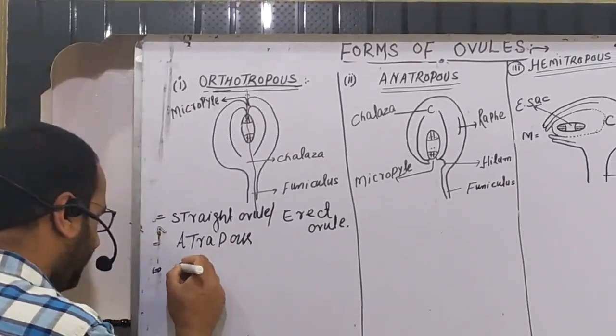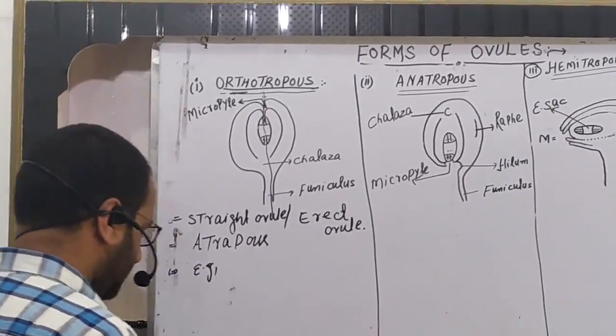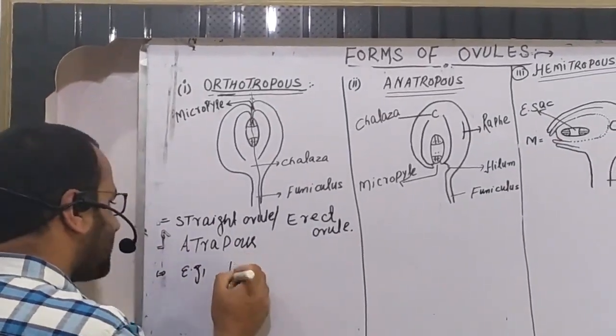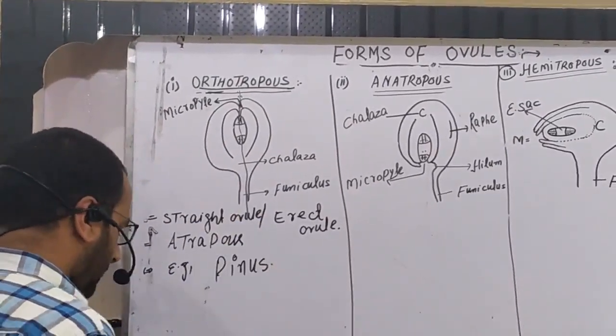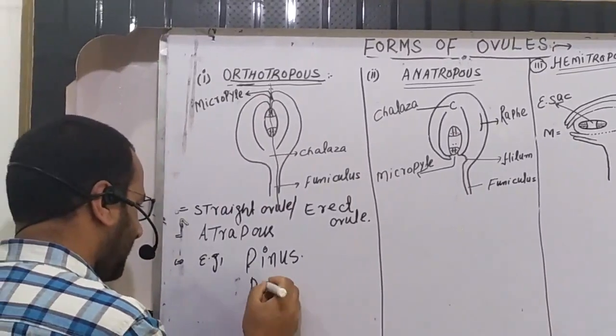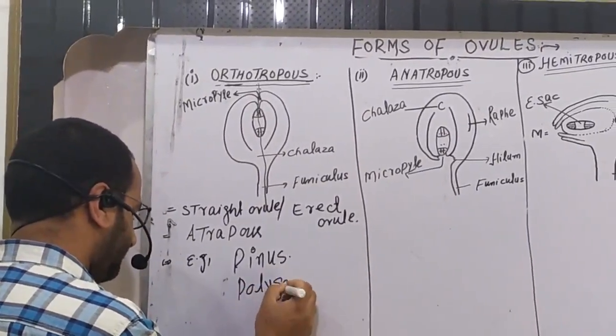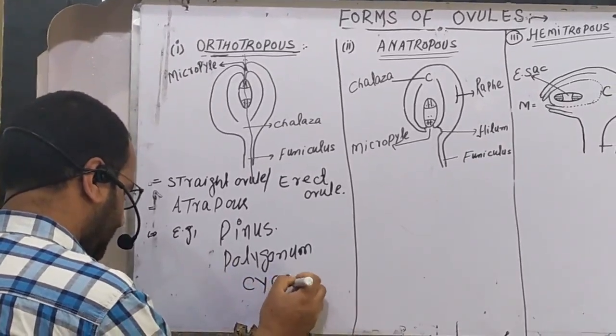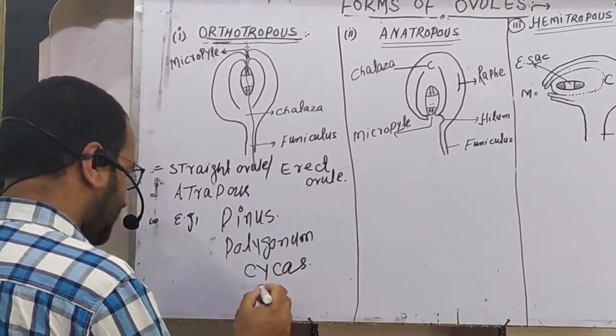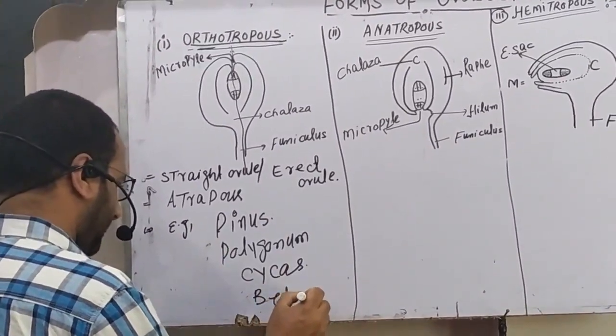Especially, we can see this type of ovule in the case of Pinus. We can see it in Polygonum. We can see it in Cycas. We can see it in betel.